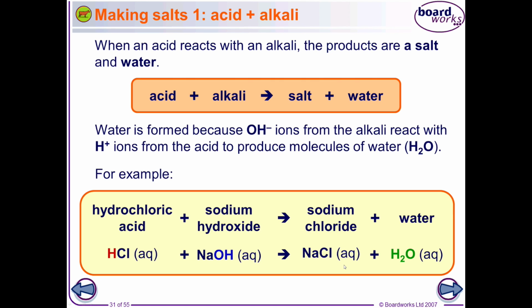Now aq means aqueous, which means dissolved in water. What that means is that this salt is a soluble salt, which is just a salt that will dissolve in water quite well. You can get some salts that are insoluble and don't dissolve in water, and we'll look at some of those in a minute.